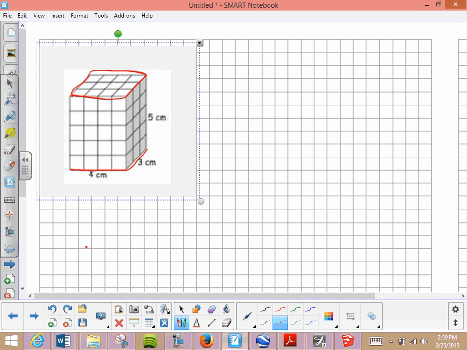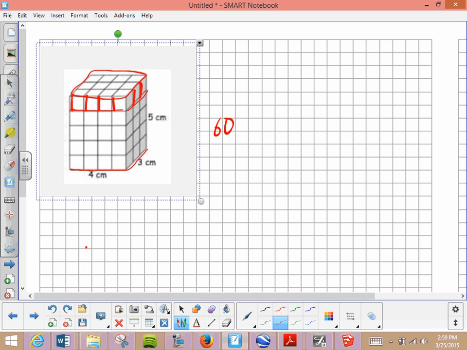But because it has volume, with height, we say that it has 12 cubes right there. You see those? There are 12 cubes on top. Does everyone see those? I have 12 cubes and I have 5 layers of those. So how many cubes do I have total? 60.